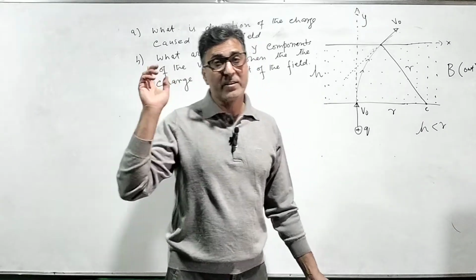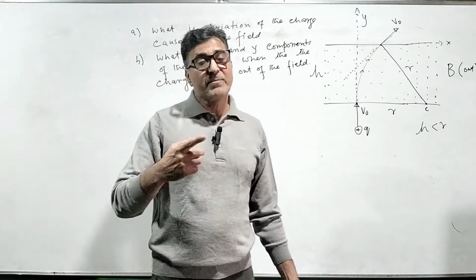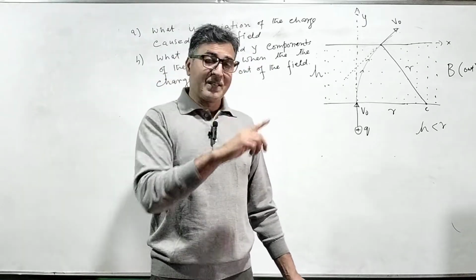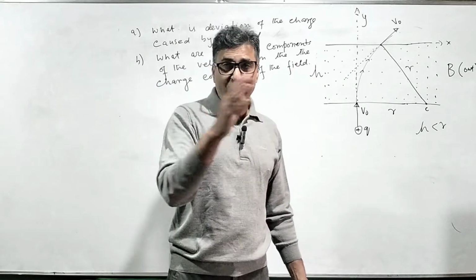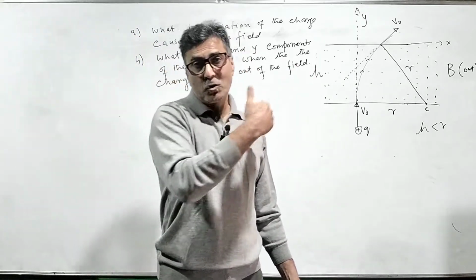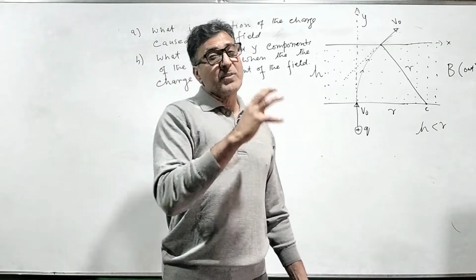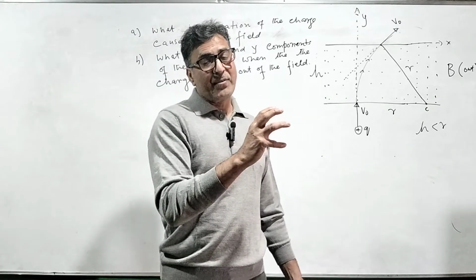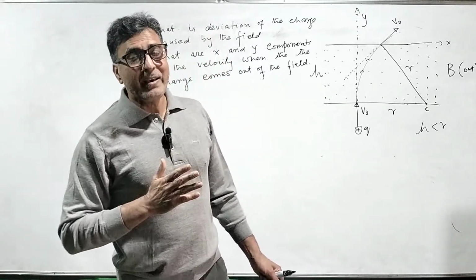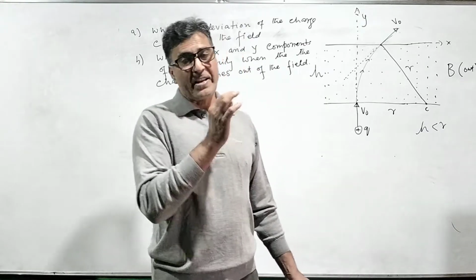I have already discussed in the earlier problem that when a charge is projected perpendicular to the magnetic field, it becomes a circle, whose radius is given by the equation that I have already derived there, but here I am just going to write it down.